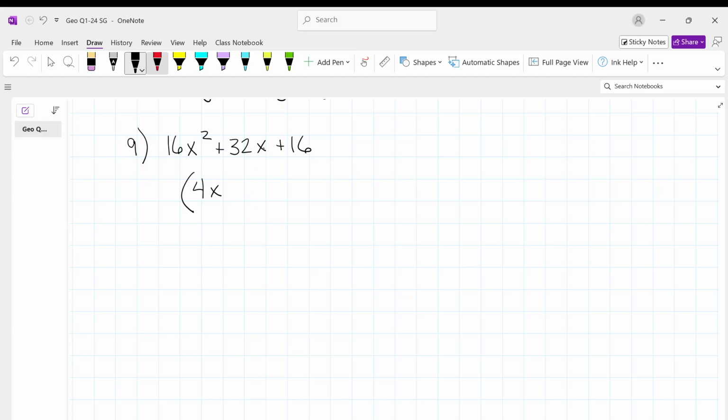Since everything is positive, our factors are going to be positive. The square root of 16 goes here, and it's squared. That's a perfect square trinomial. If it was 16x squared minus 32x plus 16, then we get 4x minus 4 squared.